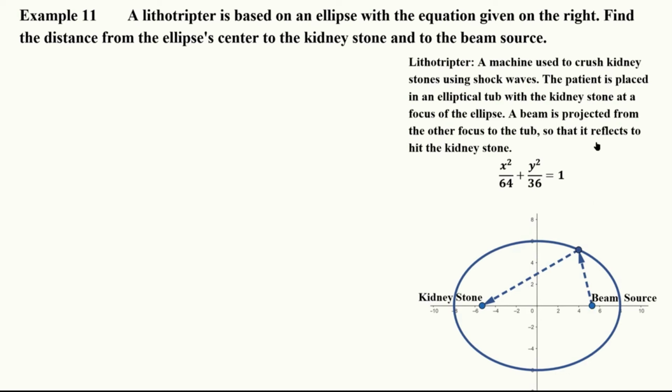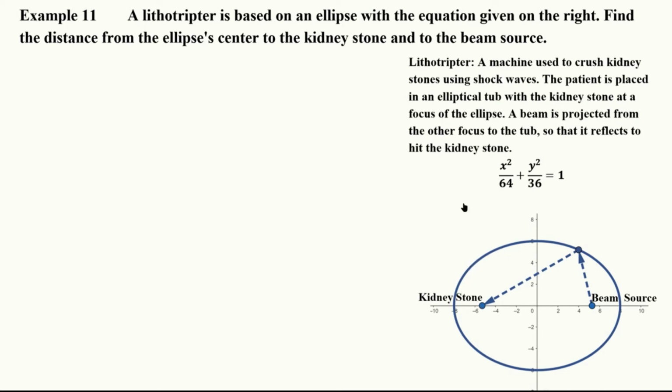And then a beam is projected from the beam source to basically hit the ellipse and then reflect back to crush the kidney stone.